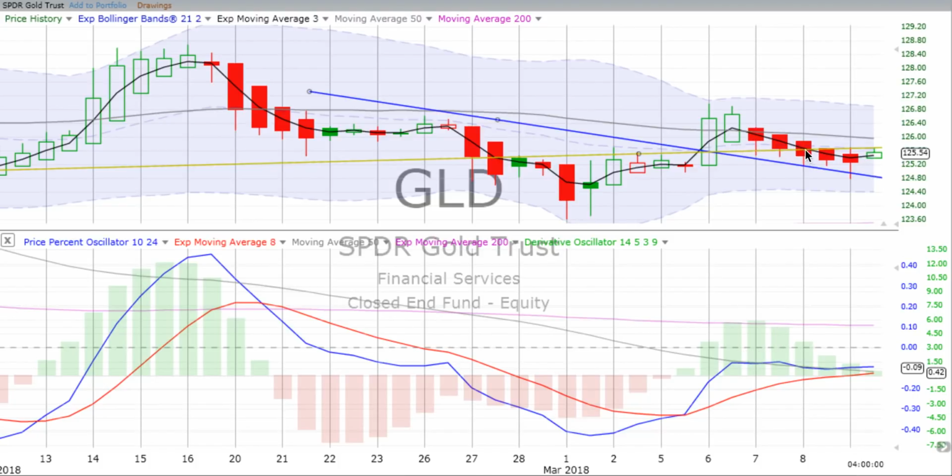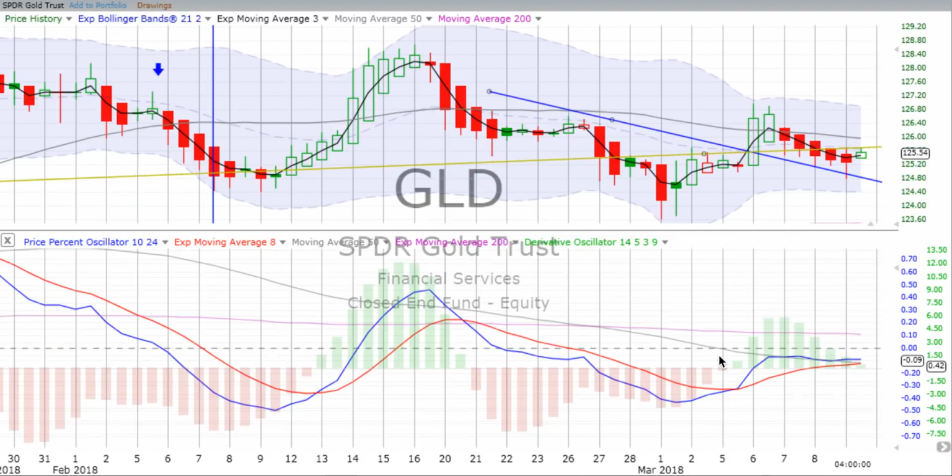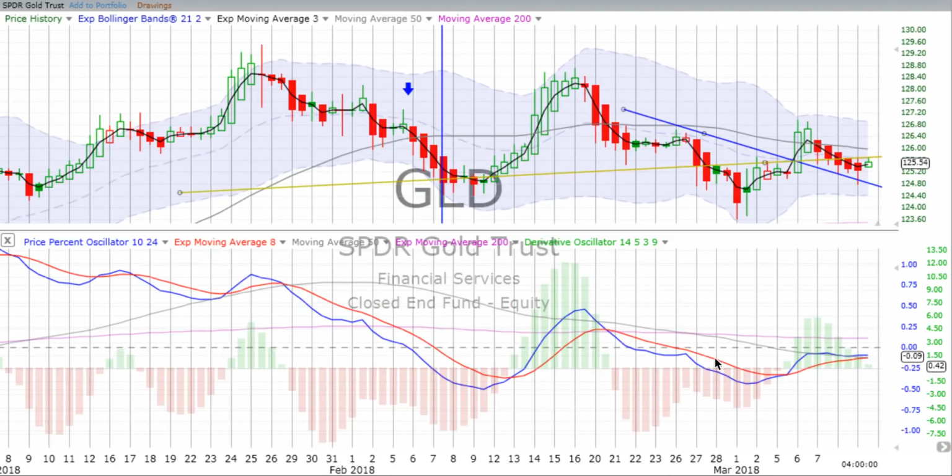It's just sort of slid sideways and down and really screwed up the 4-hour oscillator again. It works so beautifully, this 4-hour chart, over the past couple of years, and it's just gotten a little screwy since the beginning of this year. Hopefully gold will start trending really well one way or the other, and this 4-hour chart will start working for us, can be a total trading chart again.